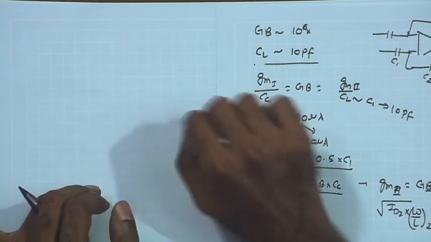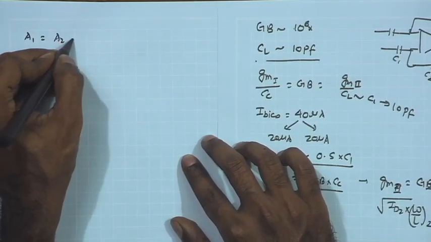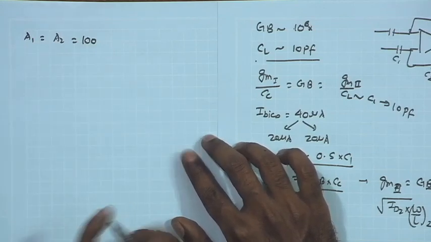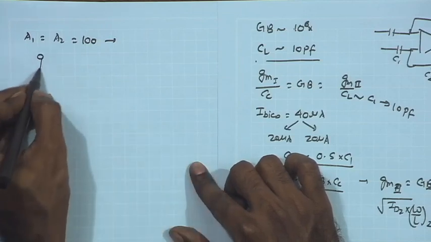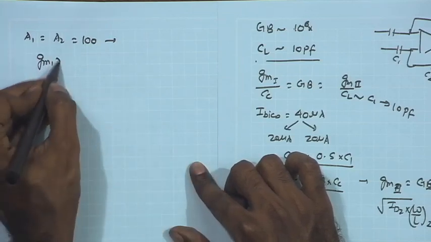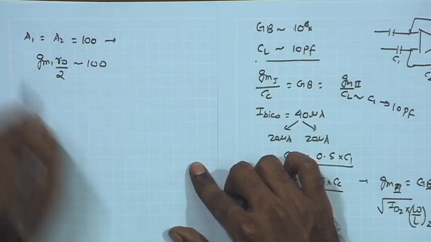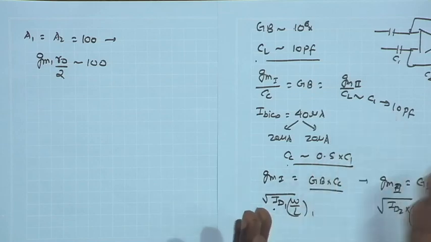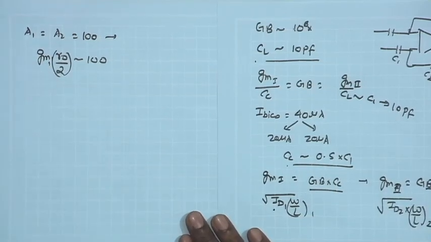So, let us go for the equal partition of the gain between the two stages, and say that A1, A2, the gain of the first and the second stage, each is going to be around 100, so that the overall open loop gain of the amplifier is 10 to the power of 4 as we need it. That would mean that GM1 times RO by 2 of the first stage should be 100. The GM1 has already been determined in the previous stage based on the gain bandwidth requirement and the CCCL requirement, and therefore, the RO can be obtained from here.